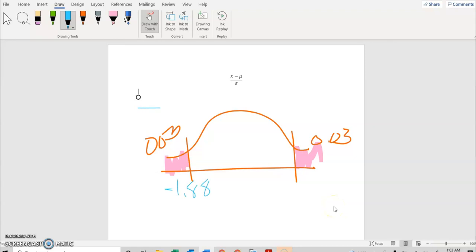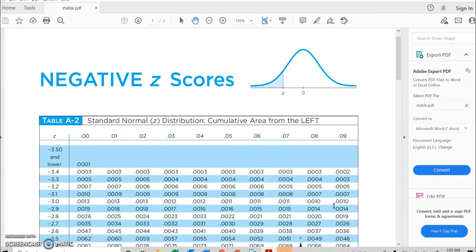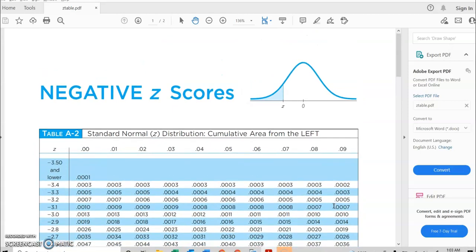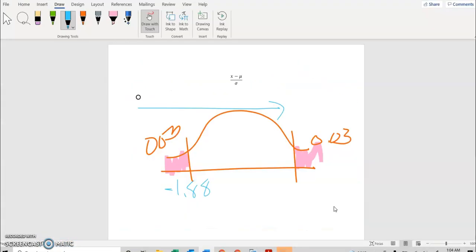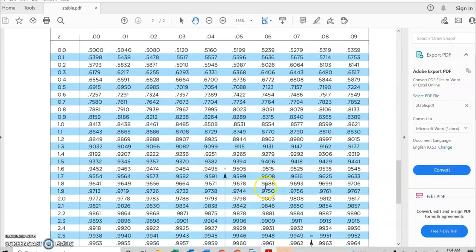Now I need to look up the other one, because remember this goes to the left. And this is what's also nice about the table, it shows us up here that it goes to the left. So I need the left value for this, which is all but 3%, so 0.97. So I'm going to come down here and look for 0.97. I want the closest one to 0.97, right here.